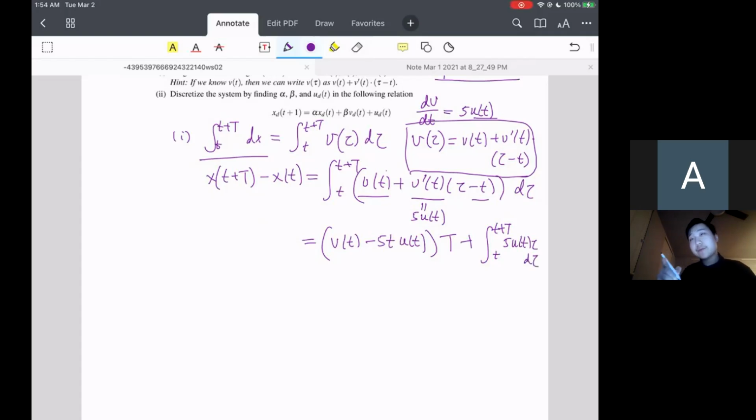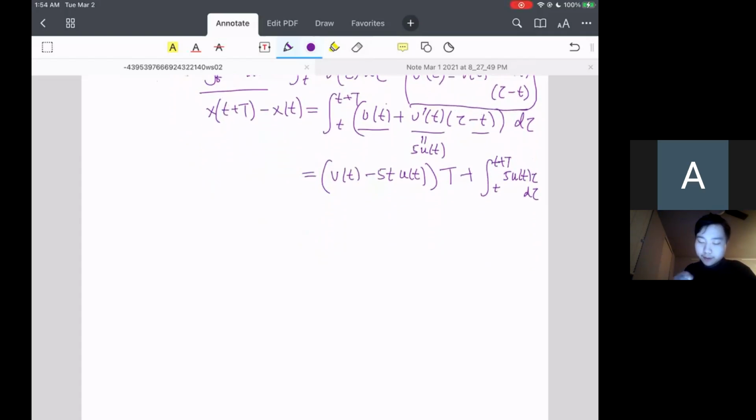The antiderivative of tau is just 1/2 times tau squared. So this is equal to v of t minus 5t u of t T plus 5/2 u of t tau squared, taken over tau equals t all the way to t plus T.